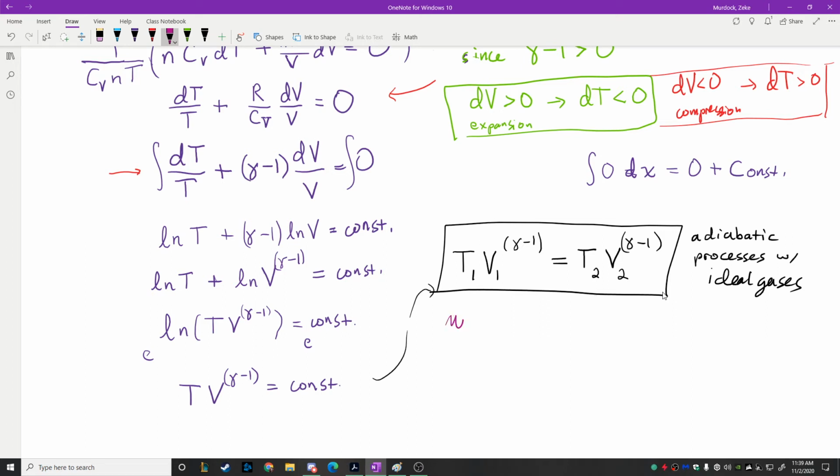Now we're going to use the fact that according to the ideal gas law, temperature is equal to pressure times volume divided by number of moles times R. So placing that into our equation, I guess we want to use it here.